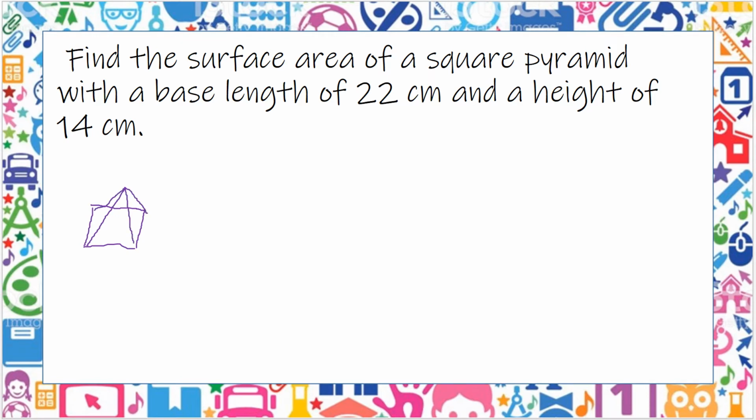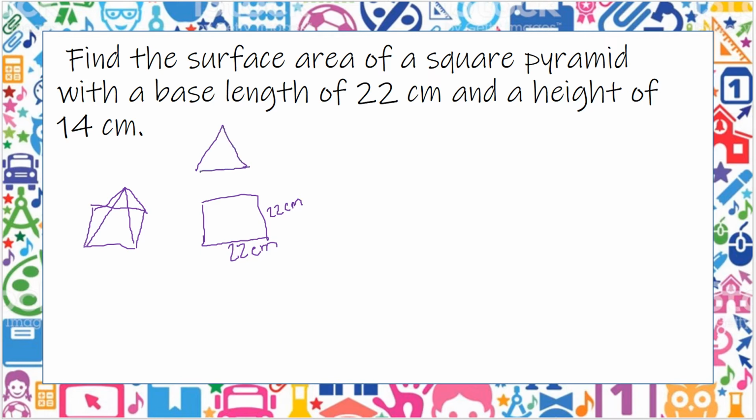Okay, decent pyramid, but not great. So you've got a pyramid. The base down here, the square, is 22 centimeters by 22 centimeters. Then you've got 4 triangles that are the same on top.